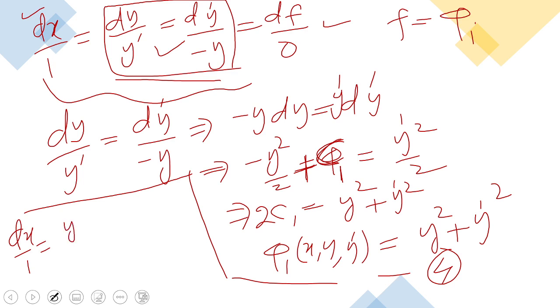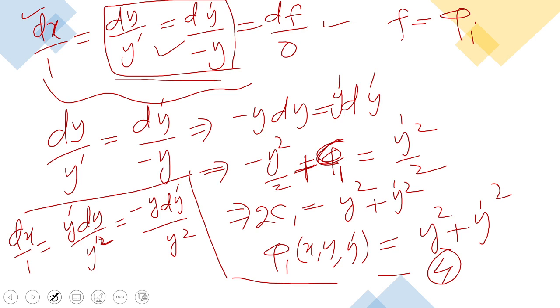I will multiply with y dash dy, it will be y dash square equal to minus y dy dash over y square.